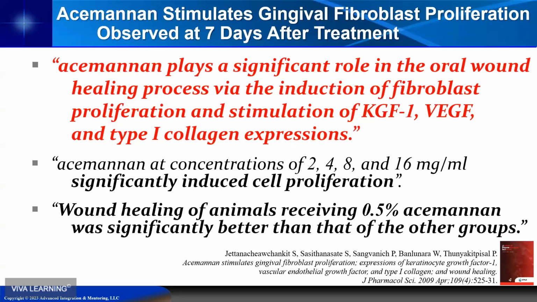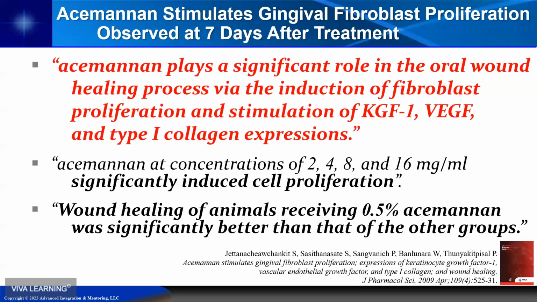At concentrations of anywhere between 2 and 16 milligrams per milliliter, it significantly induces this proliferation to occur. So wound healing in animals receiving that has been shown to have a significantly better response than the other groups that are out there.